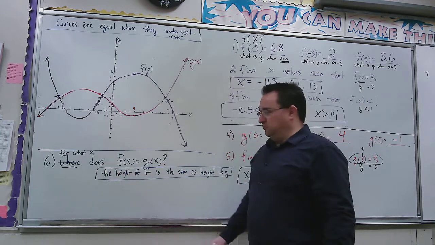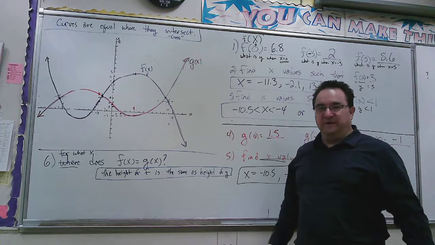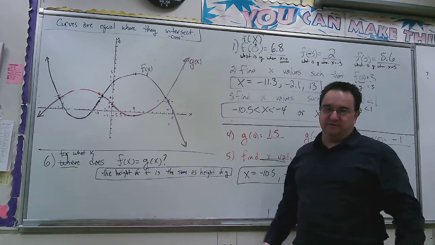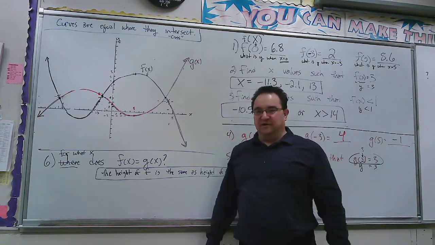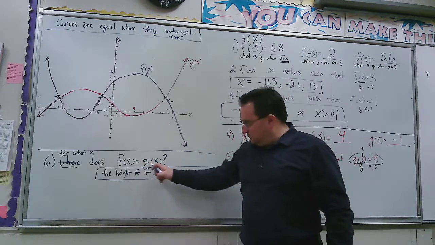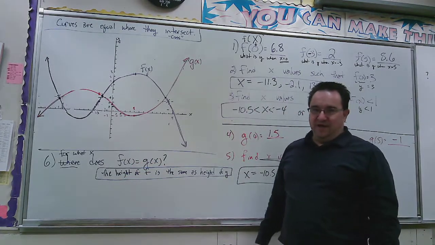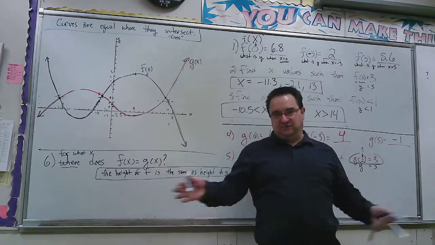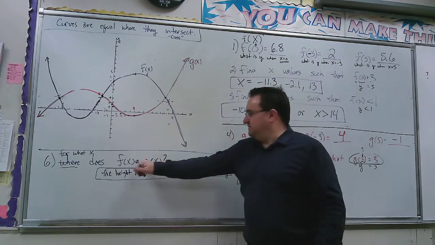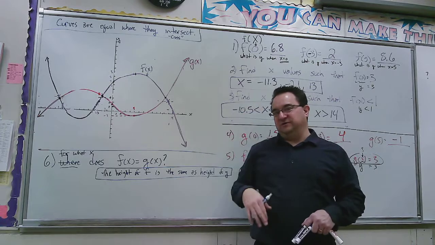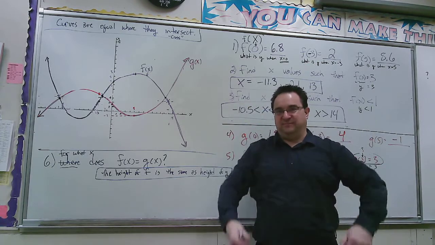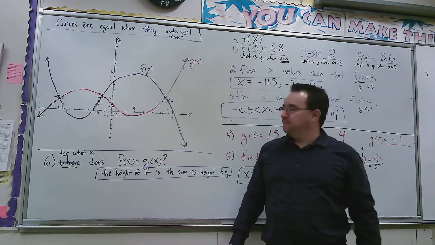I can't help but want to say that as we move into calculus. This is true pre-calculus thought here. As we move into calculus, this statement right here means this thought. At what horizontal locations is the vertical location of these 2 curves the same? That is what we're asking here.